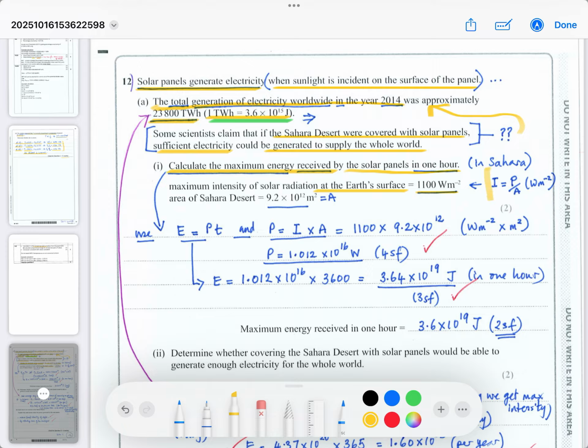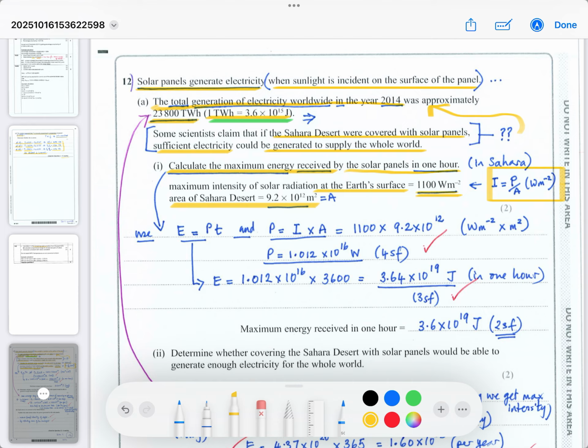I showed my students that intensity is basically watts per square meter, and it's given to you here. The area of the Sahara Desert is given in meters squared in standard form. So if you know it's 1100 watts per square meter and you know the square meterage, you can work out the total power hitting the Earth at the Sahara.